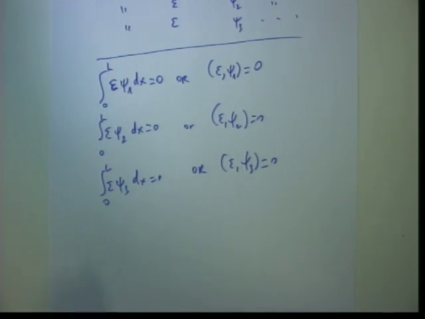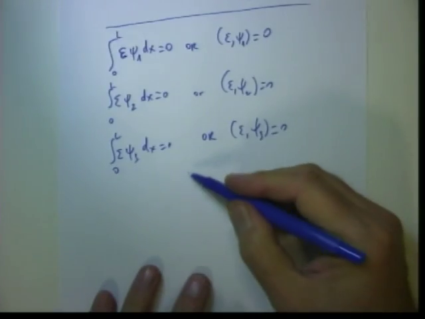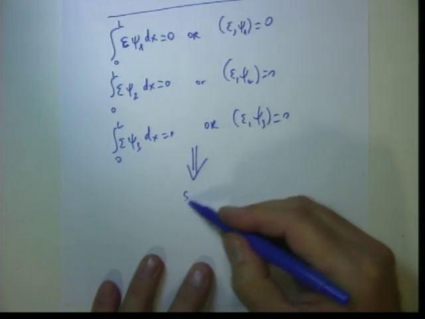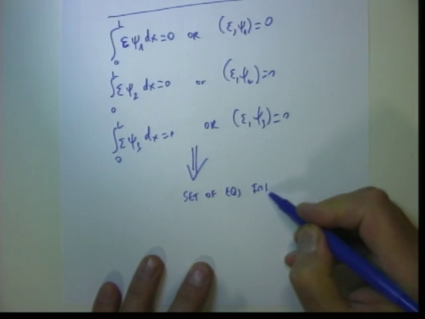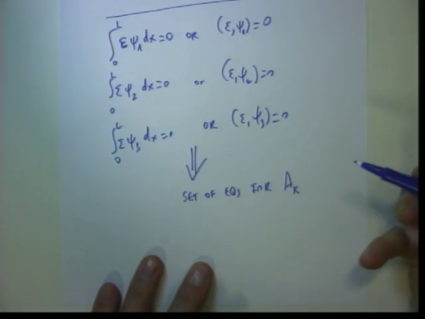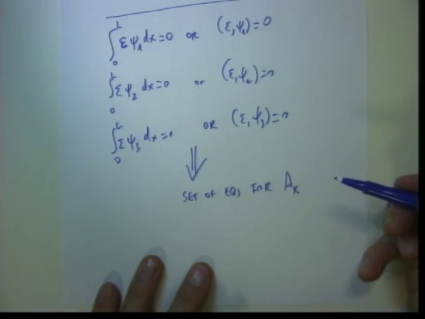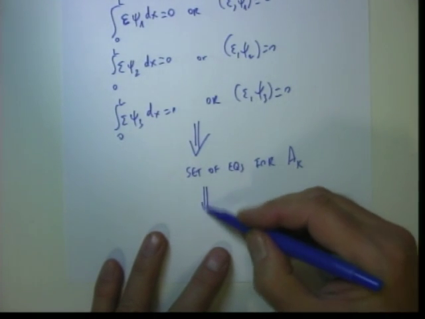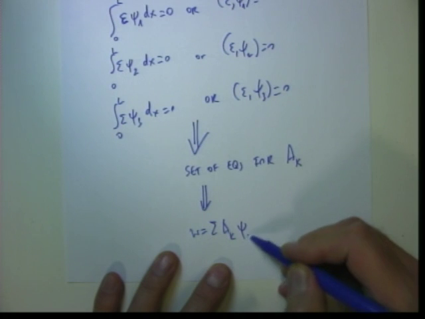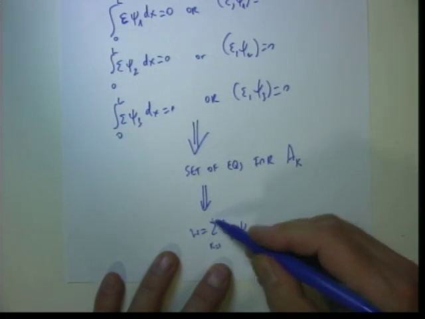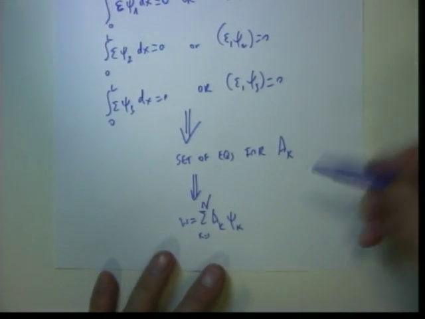Okay? Once this gives me a set of equations for A sub k, then I substitute this A sub k, W equals the sum of A sub k times psi k, k from 1 to n. So I found the solution.